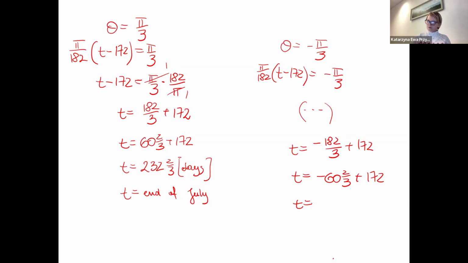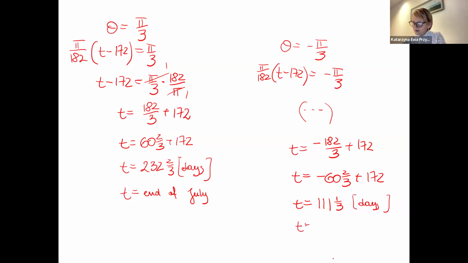Who can help me? 111 and 1/3. Please double check. What is 172 minus 60? It's 112 minus 2/3, so 111 and 1/3. Okay, that means also days. Yes, thank you.